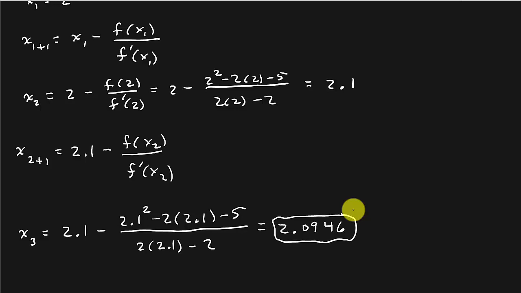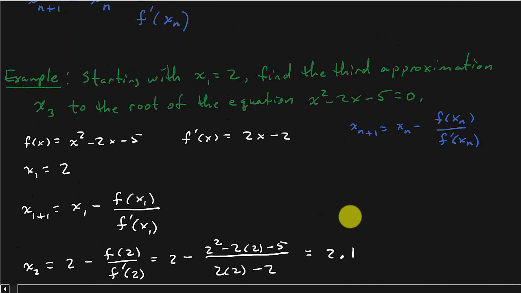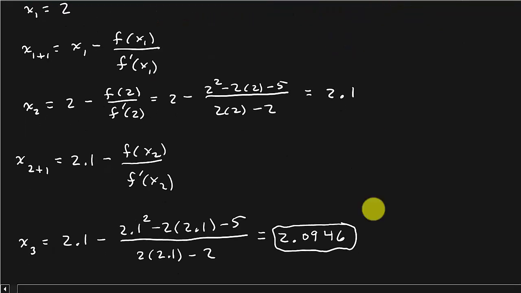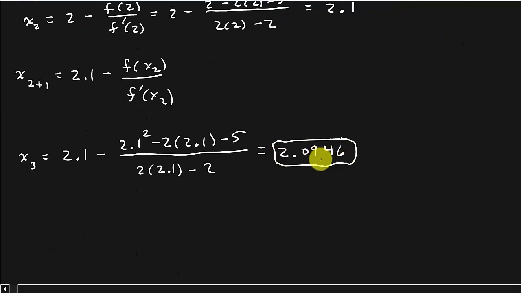All right. So, like I said, on this problem it wouldn't be good to use Newton's method because we can use the quadratic formula. But the whole idea of this is for you to learn how to do Newton's method. All right. And so this right here would be one of the solutions.